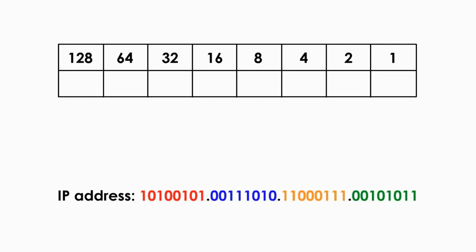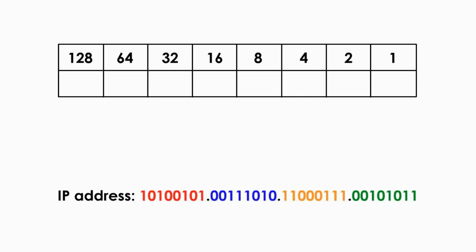There's a pattern for these 8 numbers. Starting with 1, the next number is 2, which is double 1. 4 is double 2, 8 is double 4, 16 is double 8, 32 is double 16, 64 is double 32, and 128 is double 64. Let's call this table the binary table, because we will use it in the following several videos. It's a very useful table.